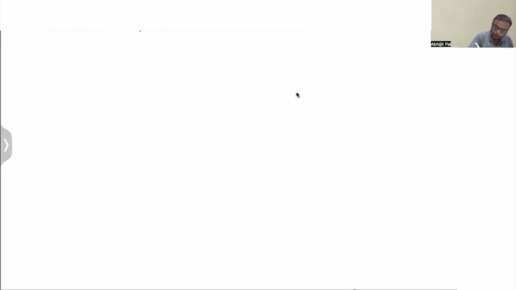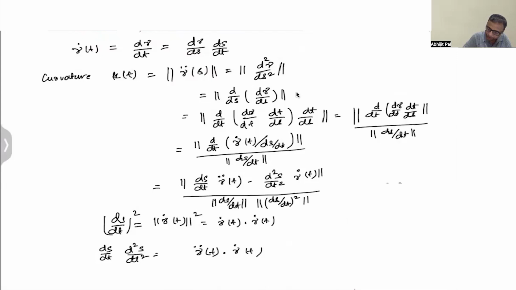Now from equation star, what we have is this curvature k(t) equal to the norm of... let me rewrite the thing here.